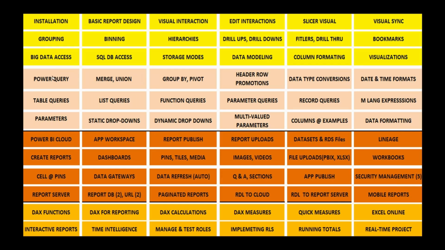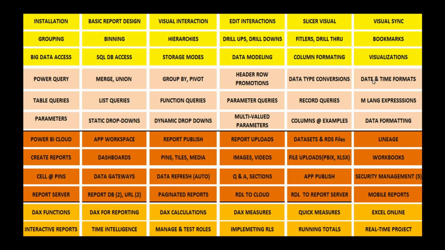Then comes Power Query. Main purpose of Power Query, it's for ETL, like extract, transform, load. Here we are going to apply our existing SQL skills for merge, union, group by, something called pivot, and column header activities, data type conversions, date and time formats.